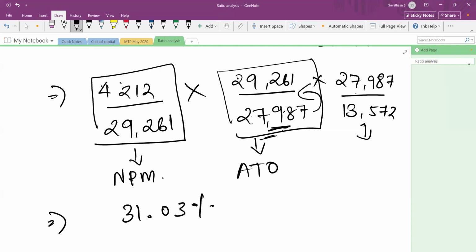It is possible. How? Because let's say in this case, 14,515 is what? Debt, right? Instead of 14,515, let's say the company is using 20,000 rupees debt. In this case, what is the return on equity?